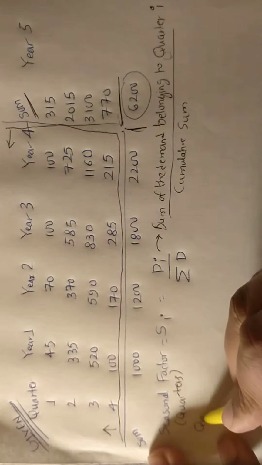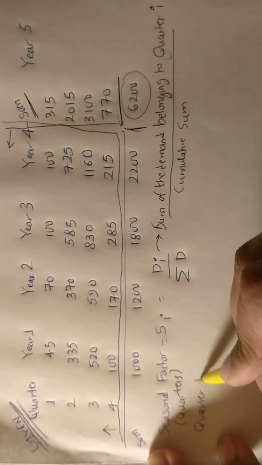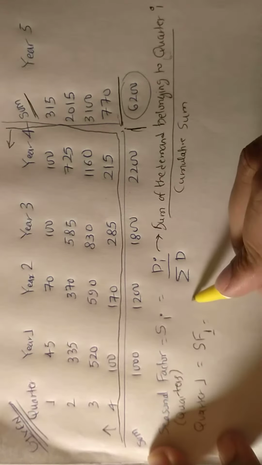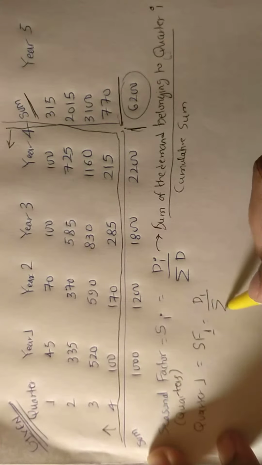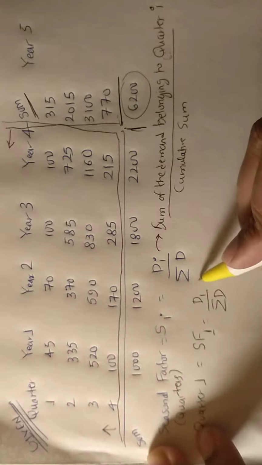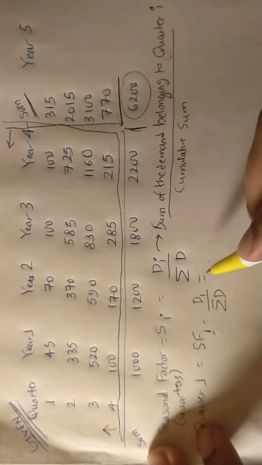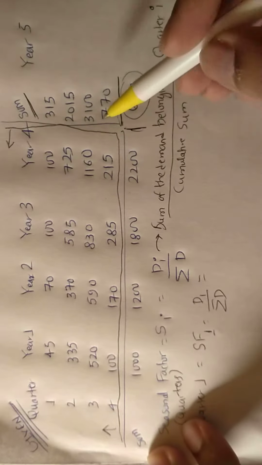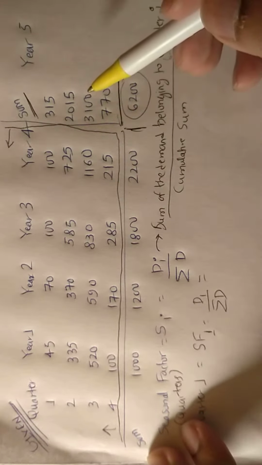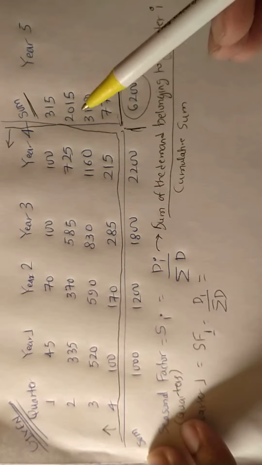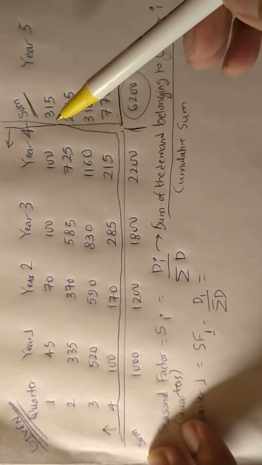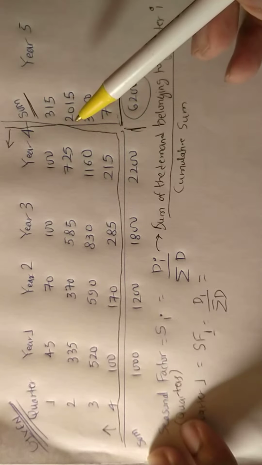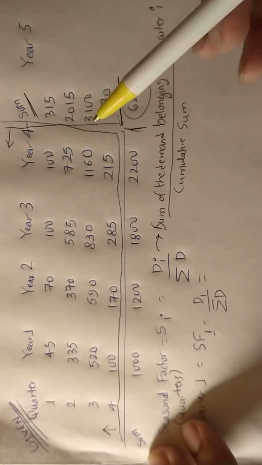This is for quarter 1. What is SF1? SF1 is given by D1 over the summation of D. What is the total demand that belongs to quarter 1? It's 315. The intuition behind the seasonality factor is that we should be able to capture the fact that the demand in Q1 is considerably lower compared to the demand in Q2, and we need to adjust our forecast accordingly.